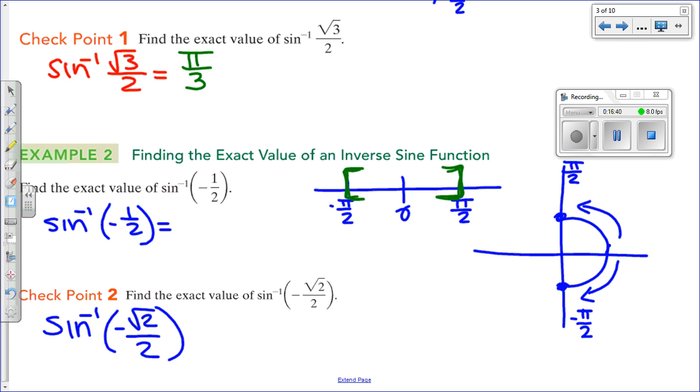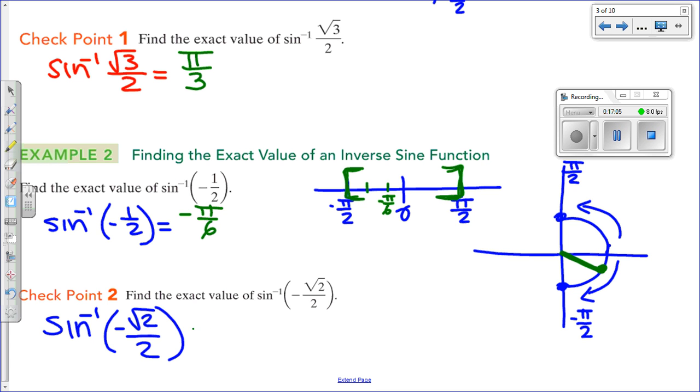So we're talking about negative 1/2. That actually happens right here, right? Okay. So Jose, what do you got? Negative pi over 6. Very good. Negative pi over 6. So that's like a little number, maybe right here, right? Negative pi over 6. You guys can see it's in the interval.